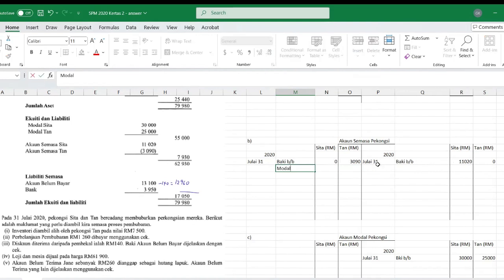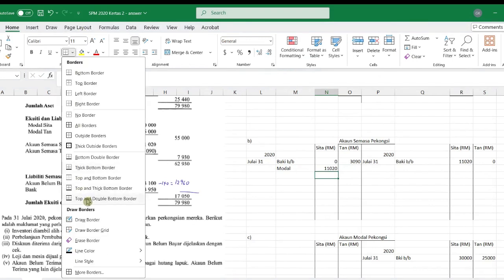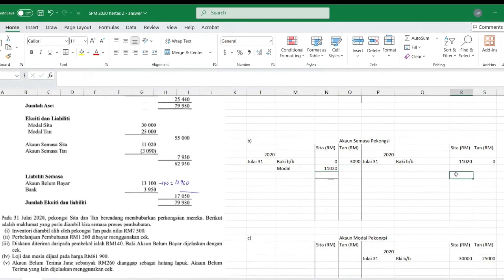This is a baki bawah-bawah, so we debit here. So this closes off account semasa Sita. Right? So over here, SITA account modal will increase by 11,420.